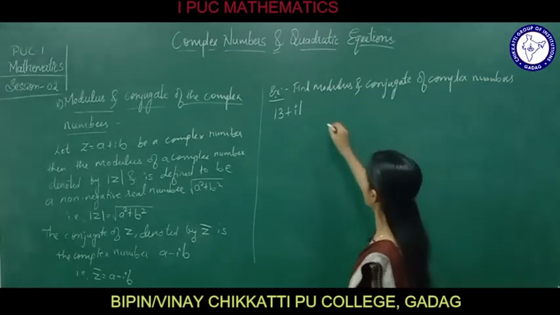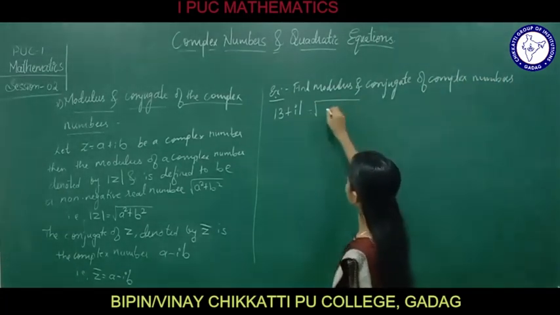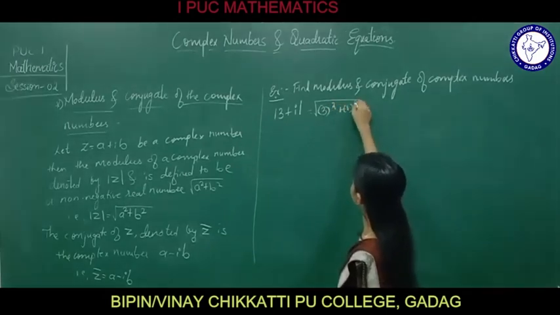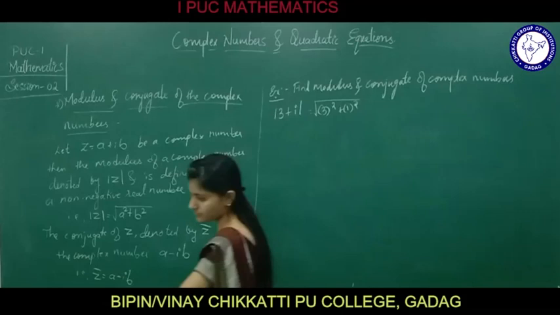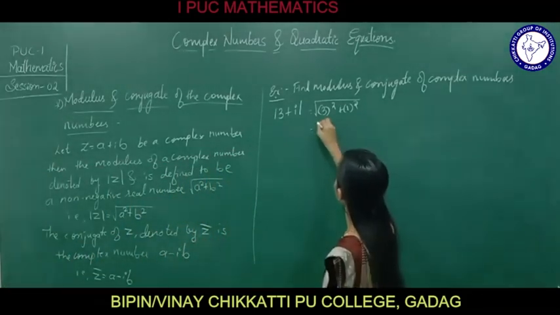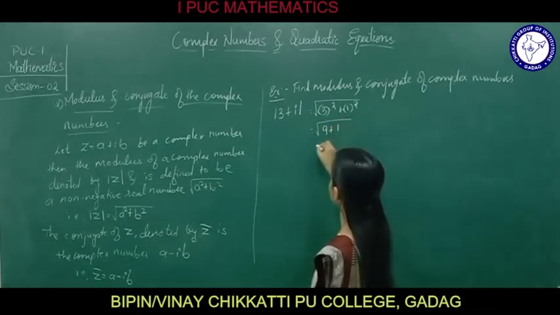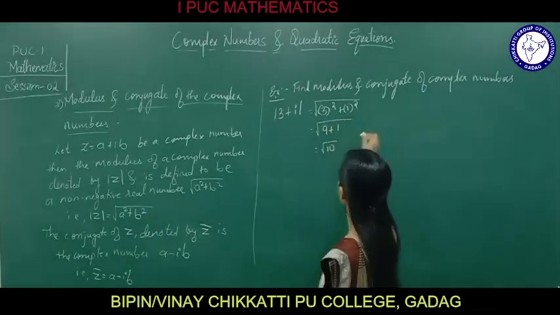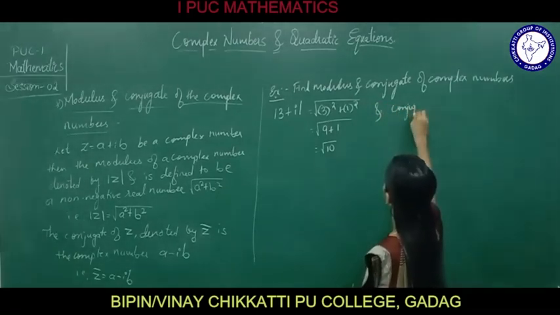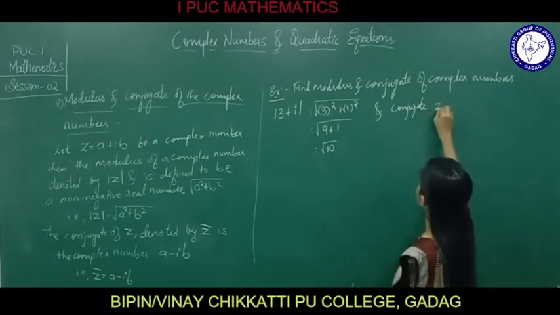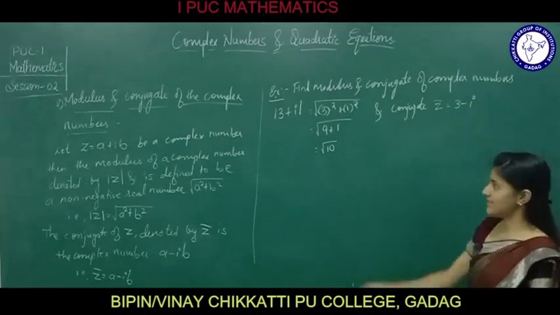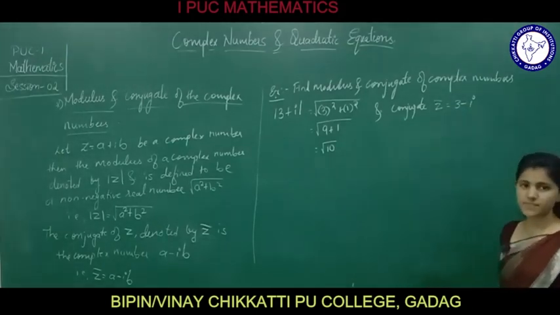How are you going to find it? That will be equal to root of 3 square plus 1 square, nothing but root of 9 plus 1, which will be equal to root of 10. And conjugate, how will we write? Z is 3 plus i, z bar is 3 minus i.